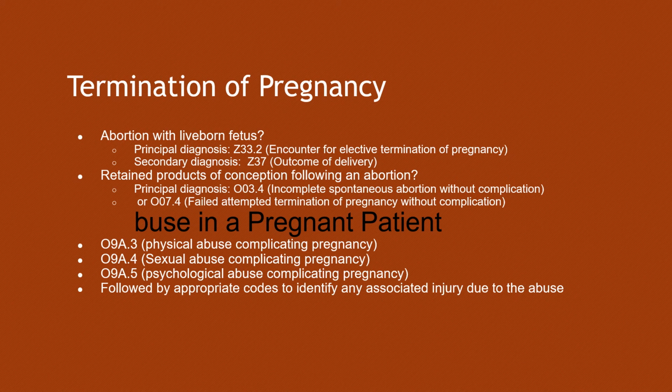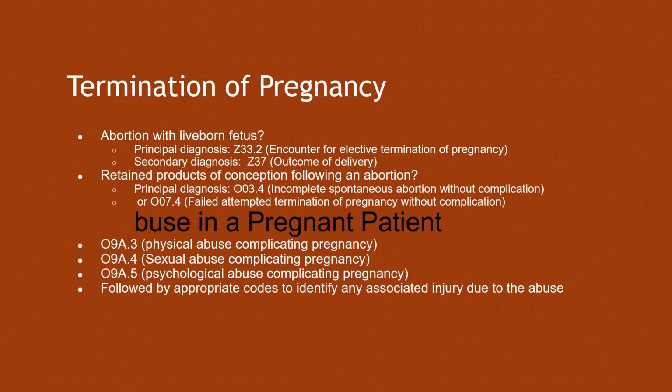A Z code would be used to designate the outcome of the fetus. So an abortion with a live-born fetus, you would use code Z33.2 for encounter for an elective termination of pregnancy, but the secondary diagnosis would be Z37 for the outcome of delivery.